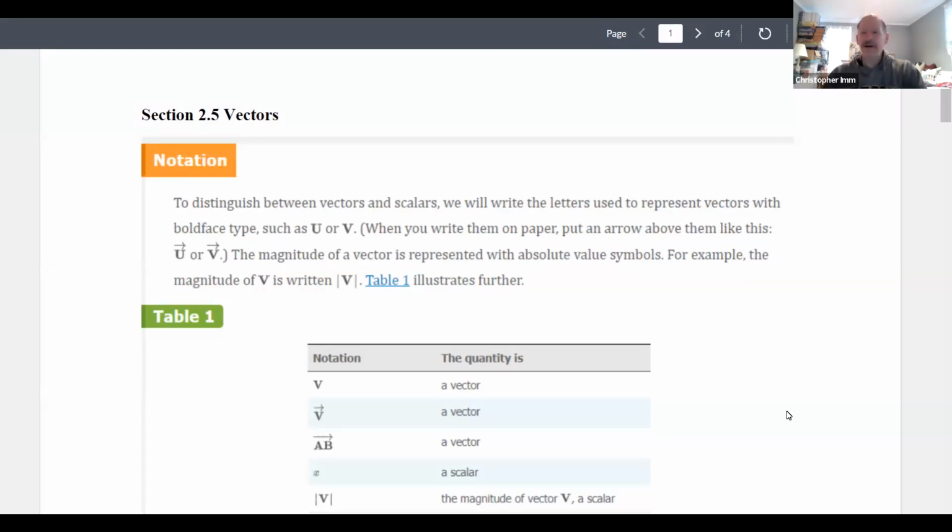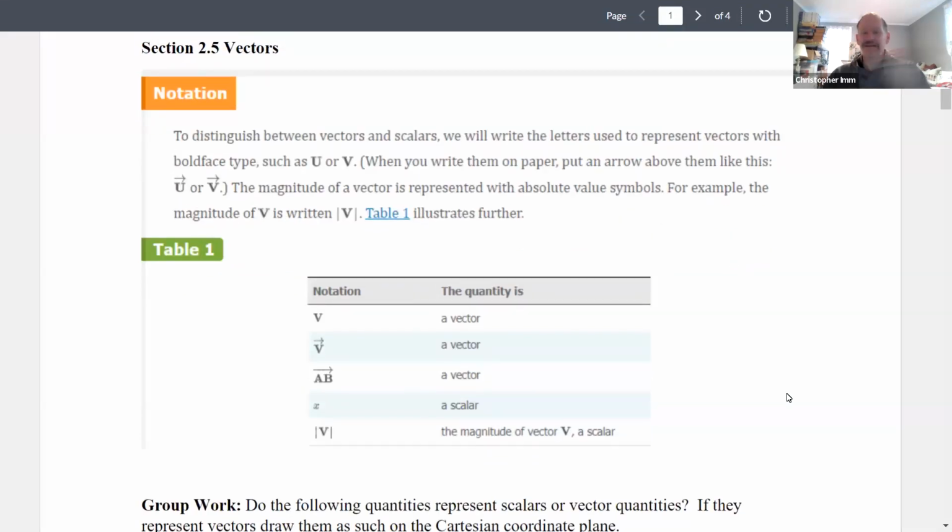This table below represents the difference between scalars and vectors. So for instance, you see that bold V represents a vector. That V with an arrow over it represents a vector. We can also have a directed segment, like AB, representing a vector.